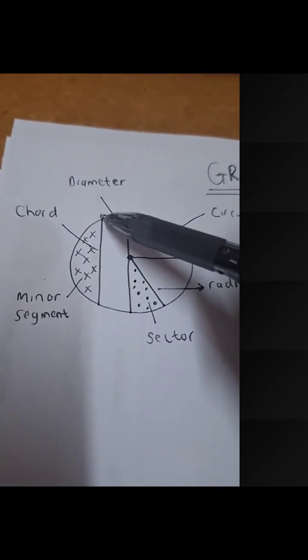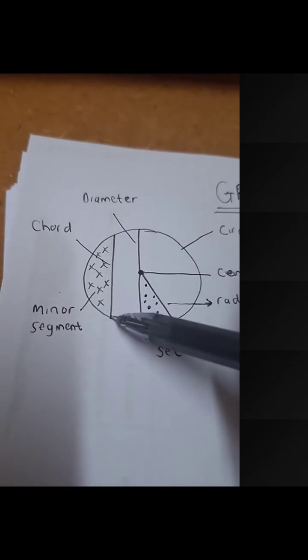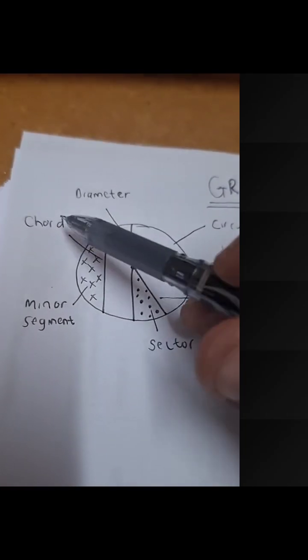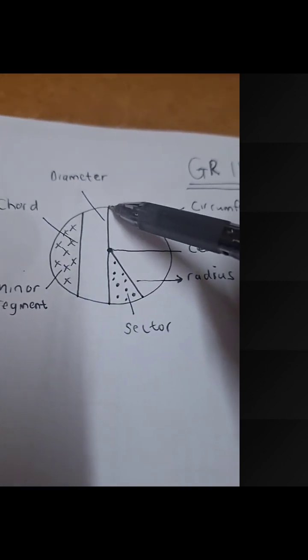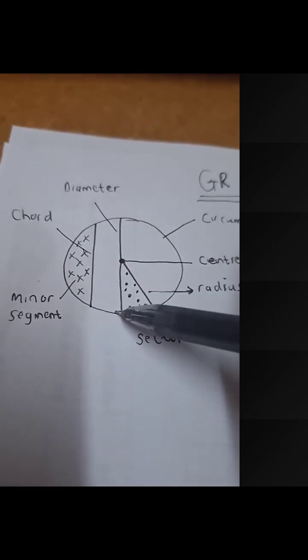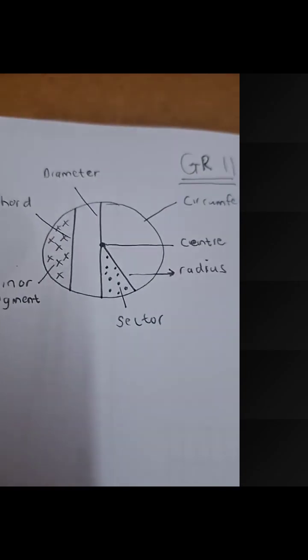Then the line from this part of the circumference to the other end of the circumference, we refer to that line as a chord. Then the line that passes from the circumference through the center to the other end of the circumference, we refer to that as the diameter.